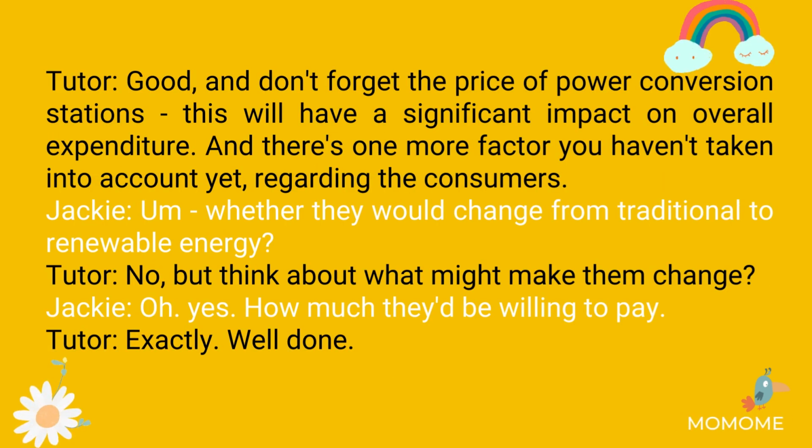And don't forget the price of power conversion stations. This will have a significant impact on overall expenditure. And there's one more factor you haven't taken into account yet, regarding the consumers. Whether they would change from traditional to renewable energy? No, but think about what might make them change. Oh, yes. How much they'd be willing to pay. Exactly. Well done.